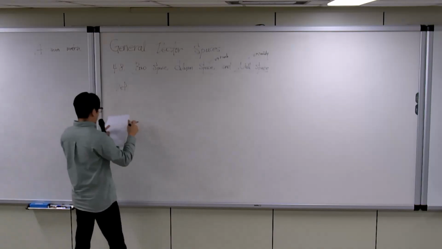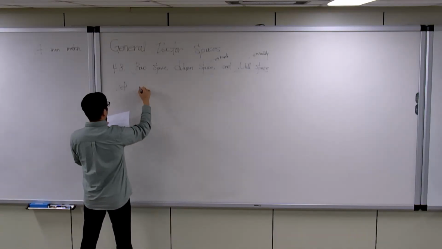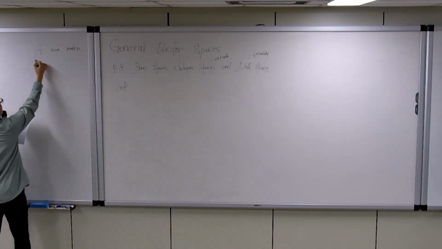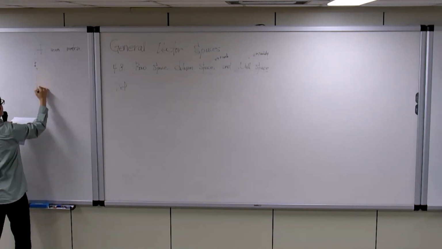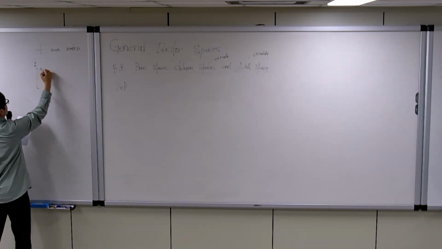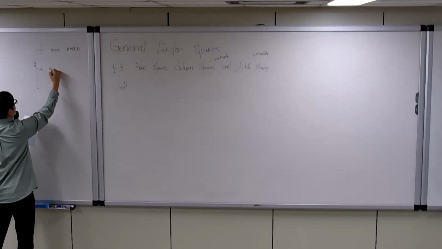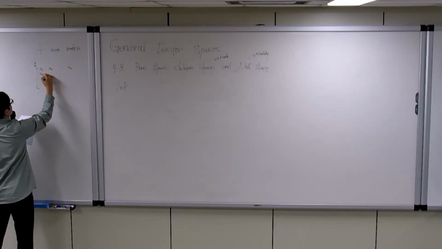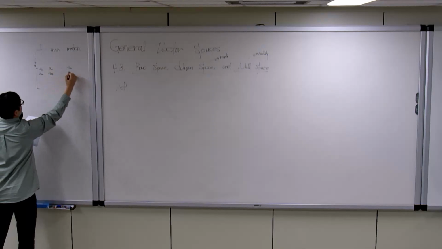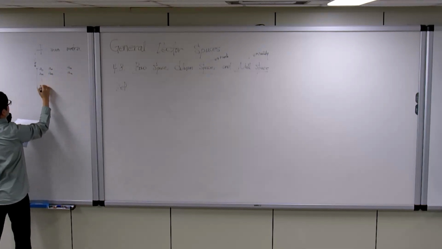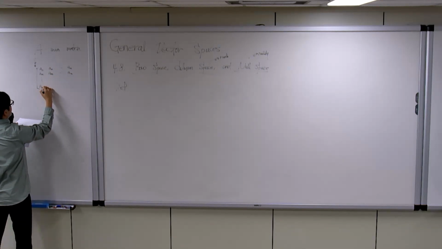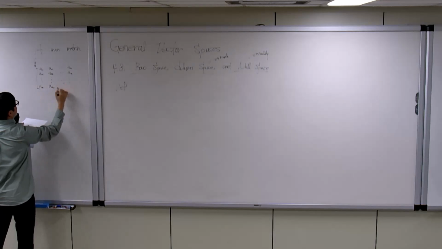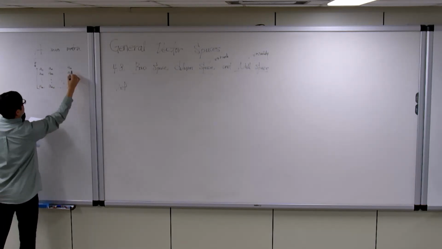Then we might be able to express the entries of A: A11, A12, A1n, A21, A22, A2n, and so on, Am1, Am2, Amn.